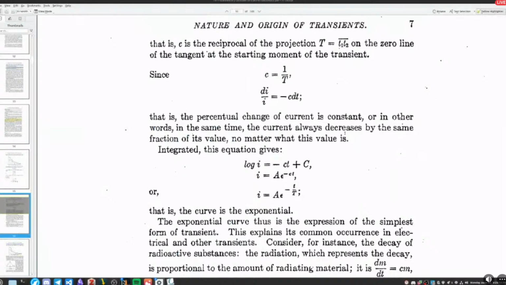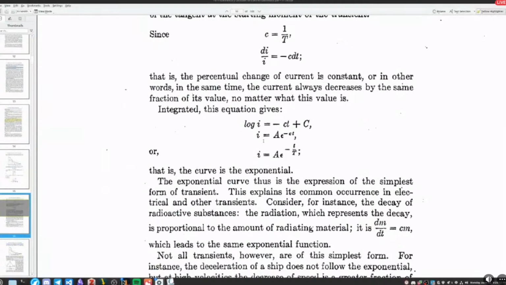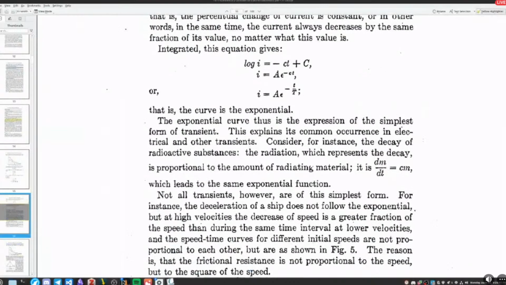Integrated, this equation gives the logarithm of I equals negative ct plus C, I equals A e to the power of negative ct, and I equals A e to the power of negative little t over big T. That is, the curve is exponential. The exponential curve, thus, is the expression of the simplest form of transient. This explains its common occurrence in electrical and other transients.